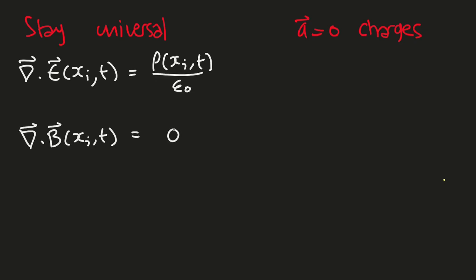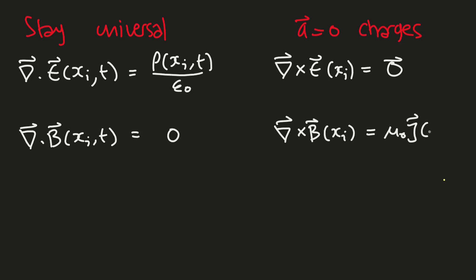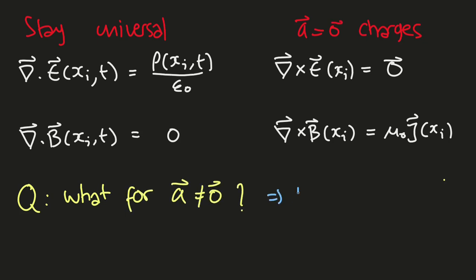And for non-accelerated charge, we have nabla cross E equal to the zero vector, and nabla cross B equal to mu0 multiplied by J capital. That's why this video relates to the magnetostatic field. The question is, what about generally non-zero acceleration? This will be our discussion in the next videos.